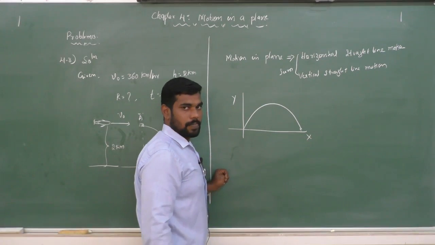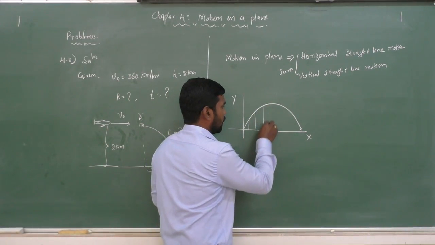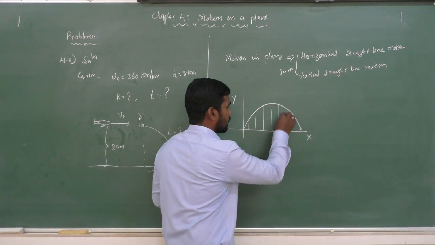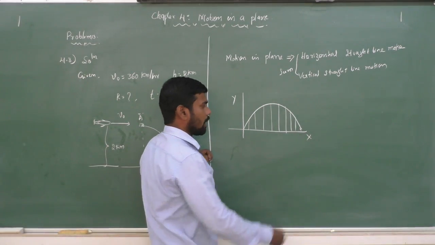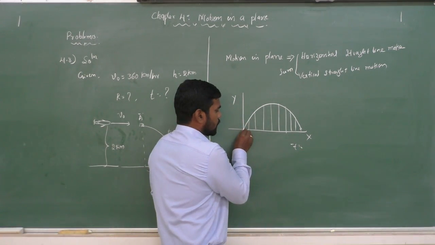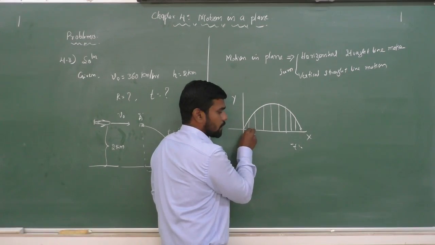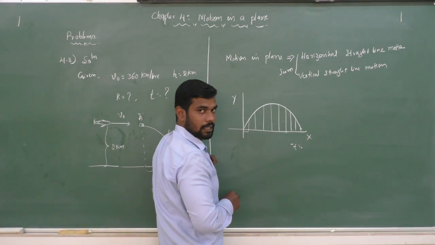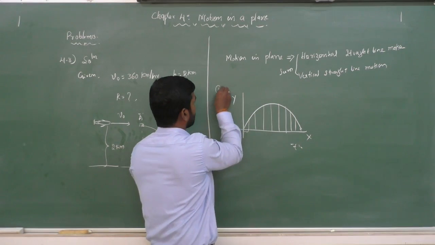Imagine I split this entire region like this. After some time, when the object moves from this point to this point in the horizontal direction, first we'll consider the horizontal.